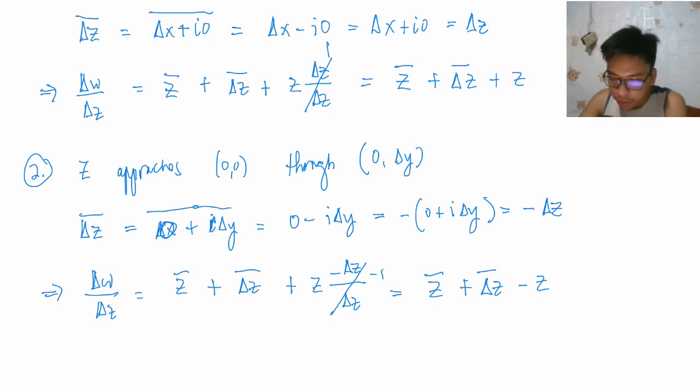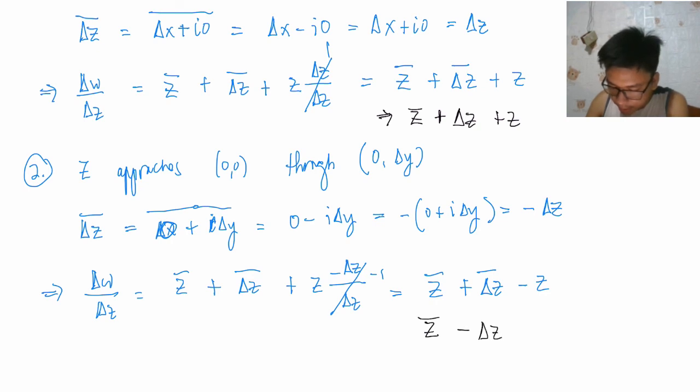You can also check that above, this is z bar plus delta z plus z. However, in this case, this is z bar minus delta z minus z.